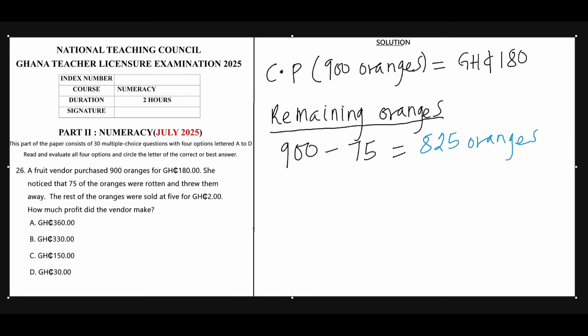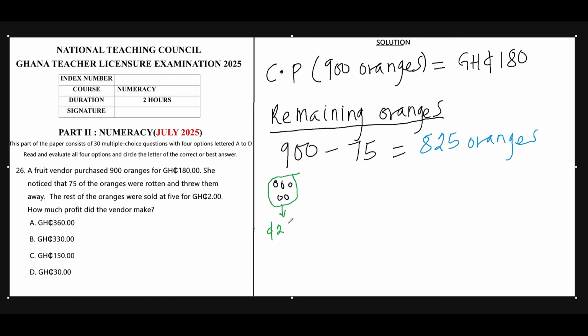Now with the 825 oranges, that is how she sold them. She sold them in groups of 5. So 5 oranges, 1, 2, 3, 4, 5. The cost will be 2 cedis.